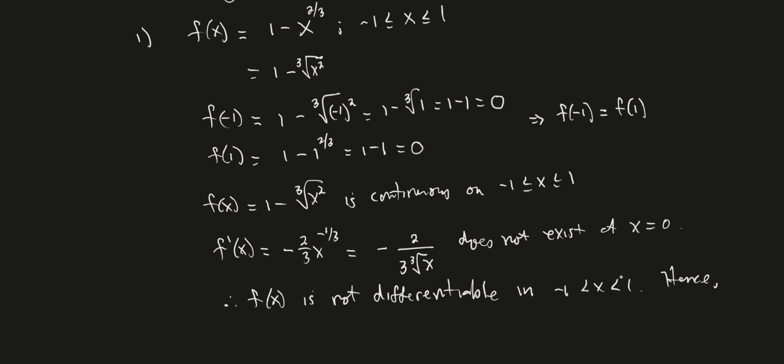So there is no guarantee that this function will have a stationary point or stationary value on this interval. So hence, Rolle's theorem does not apply, right?